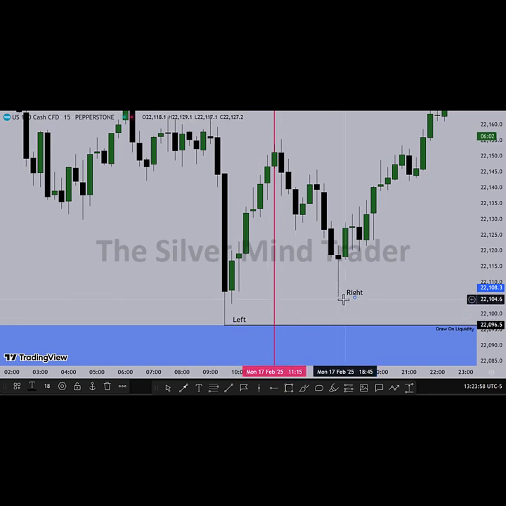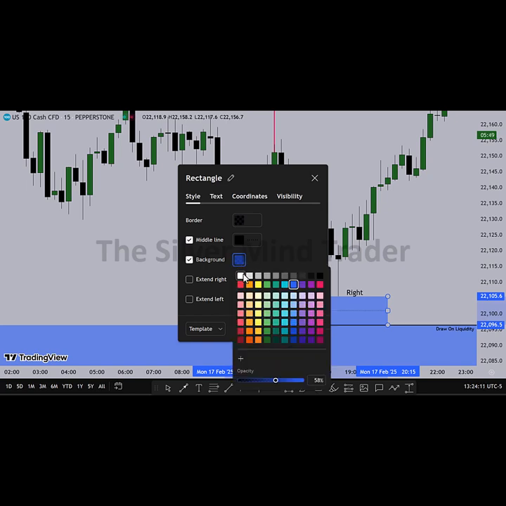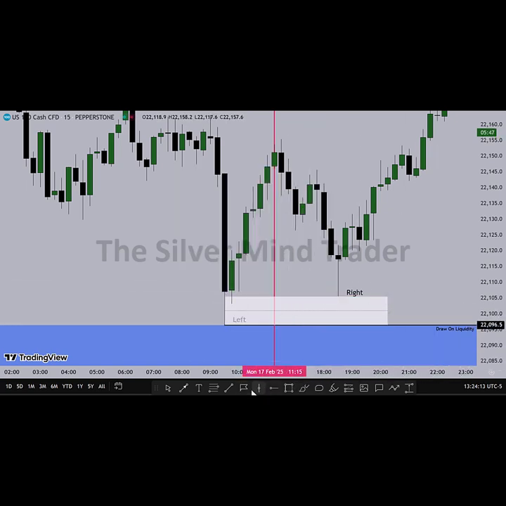The one on the right is slightly higher than the one on the left, meaning they are very close. Look at how close they are, from here to here. Whenever you see that, they are referred to as relative equal lows, right? They are referred to as relative equal lows, and they are high probability lows.